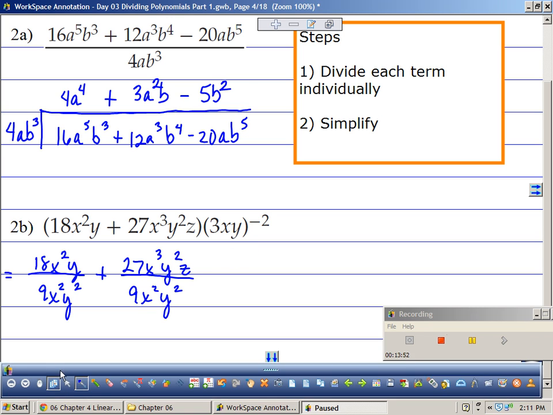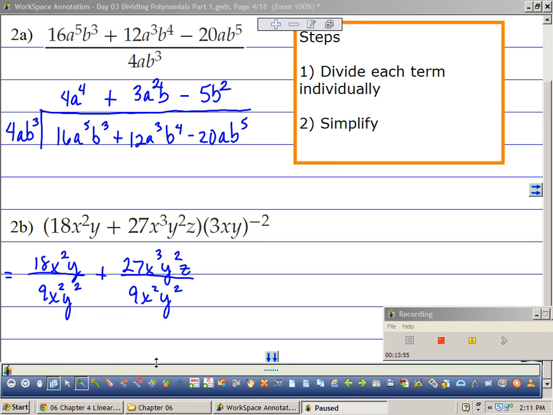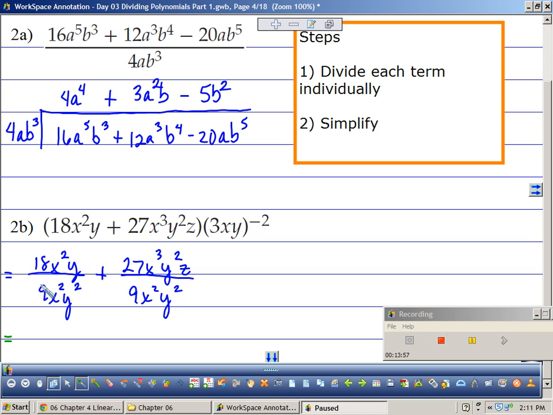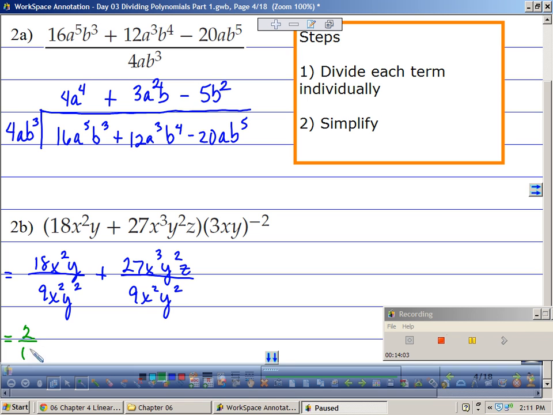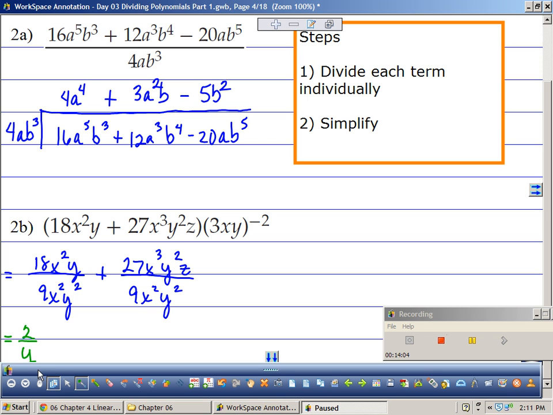Good. I'm glad. I'm proud. So 18 divided by 9 is 2. What's left over in the denominator? Because there's a y here, and there's 2 y's in the denominator, so if you cancel the y's, it cancels that too. Right?